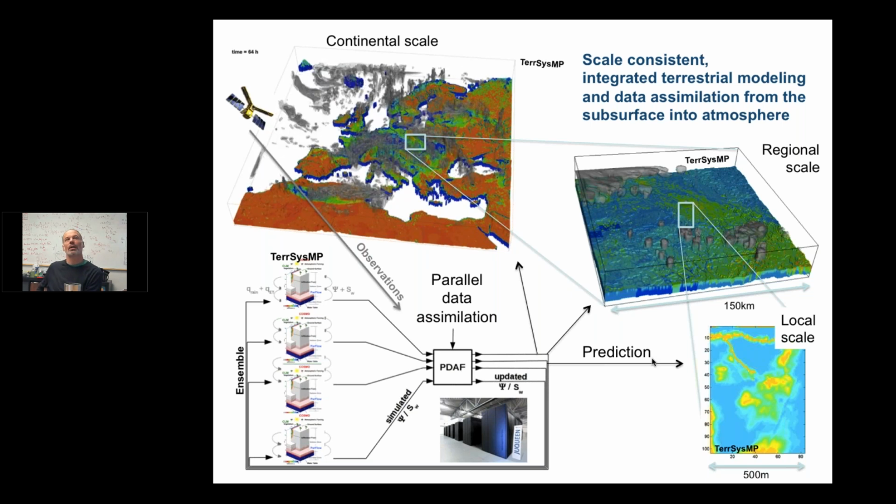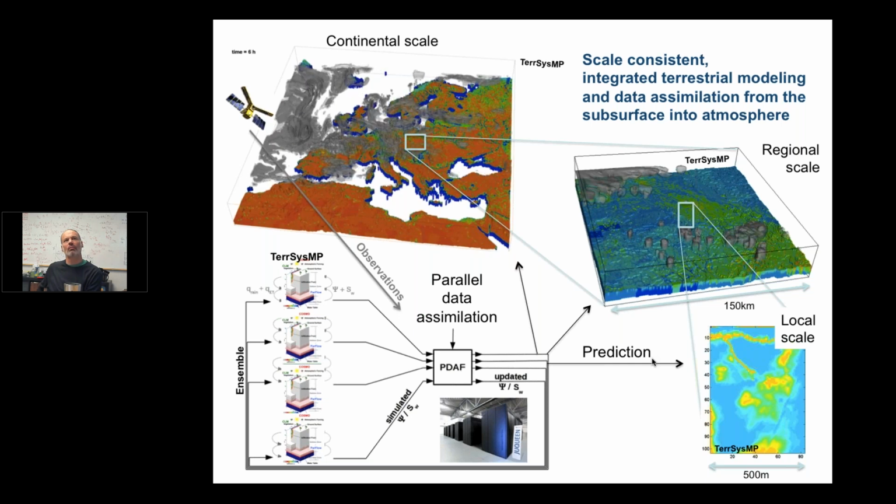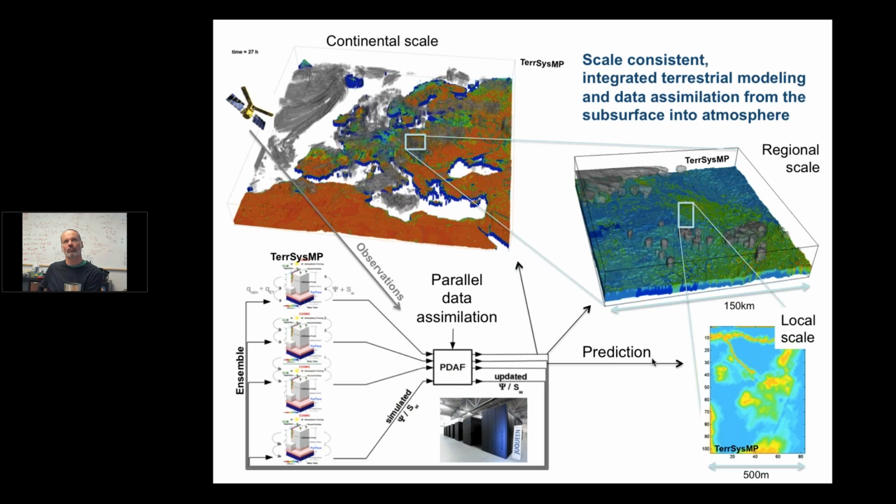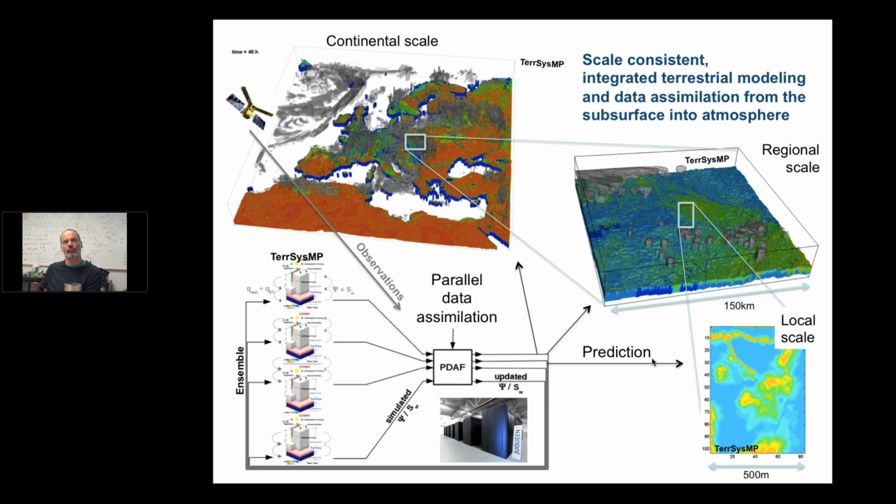And I guess a maybe more naive question. How many GRACE pixels, if you will, do you get over the CORDEX domain?